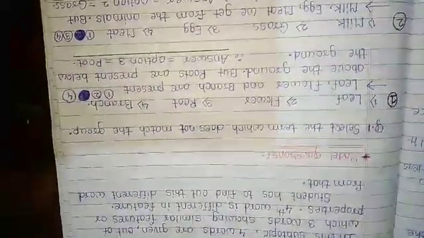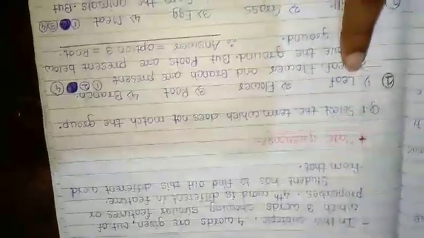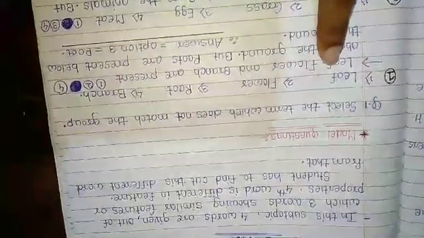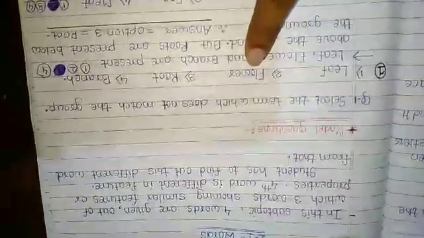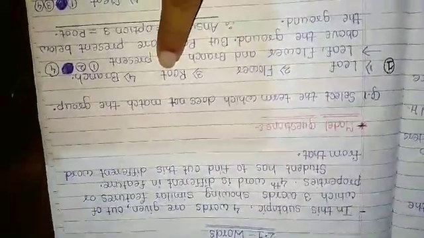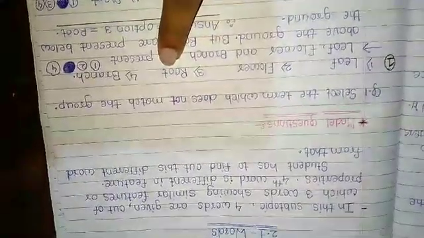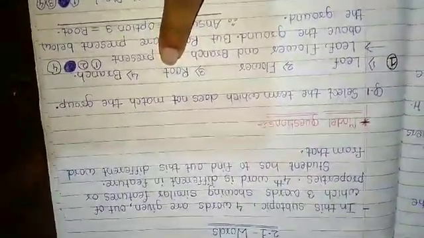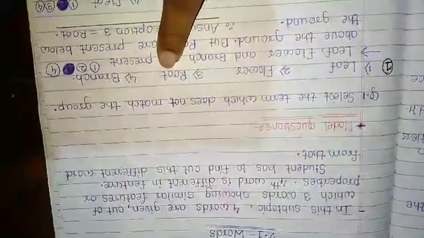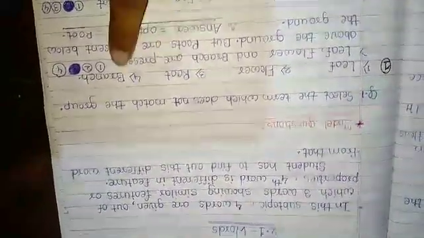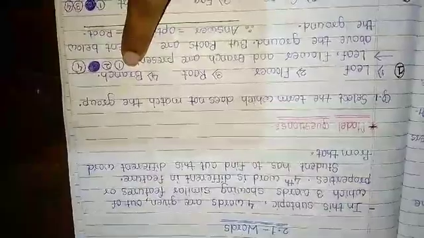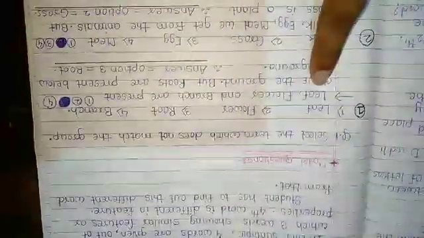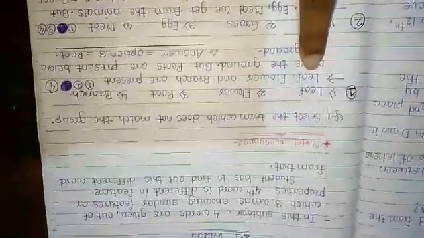Just look at these four options: leaf, flower, root, and branch. What can we see? Leaf is present above the ground on the tree. Flower is also present on the tree. Root, yes, it is a part of the tree, but it is not present above the ground, it is below the soil, below the ground. And fourth is branch, which is also a part of the tree, present above the ground. So how can we identify?